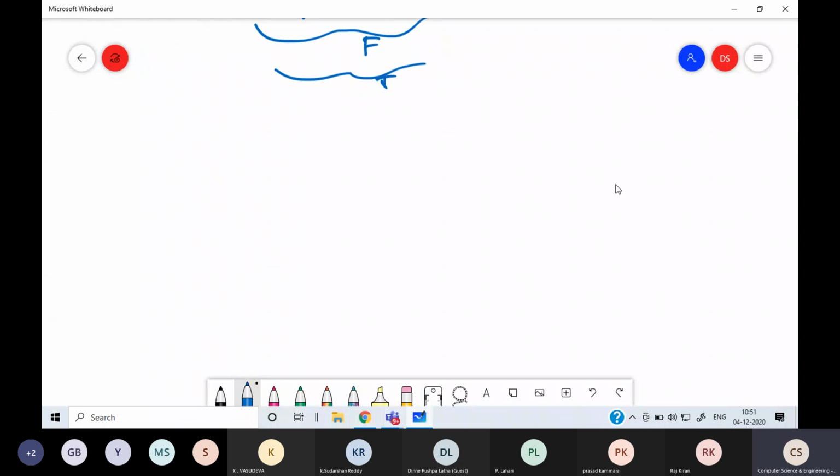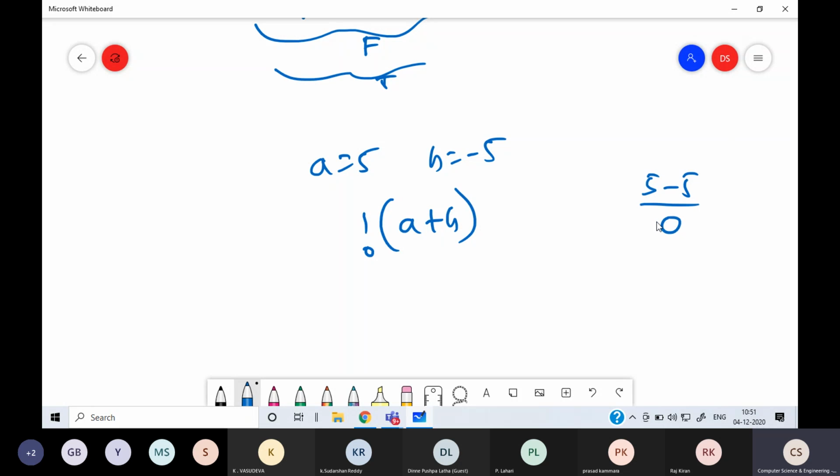So in C you can also write like this. Suppose A is 5 and B is minus 5. Now I can say not A plus B. So A is 5, B is minus 5, A plus B is 0. So this is 0, which is false. If I use not on this, it is going to be true. Generally the expression should be a relational or logical expression, but in C it can be any kind of expression because of the definition of true or false values.